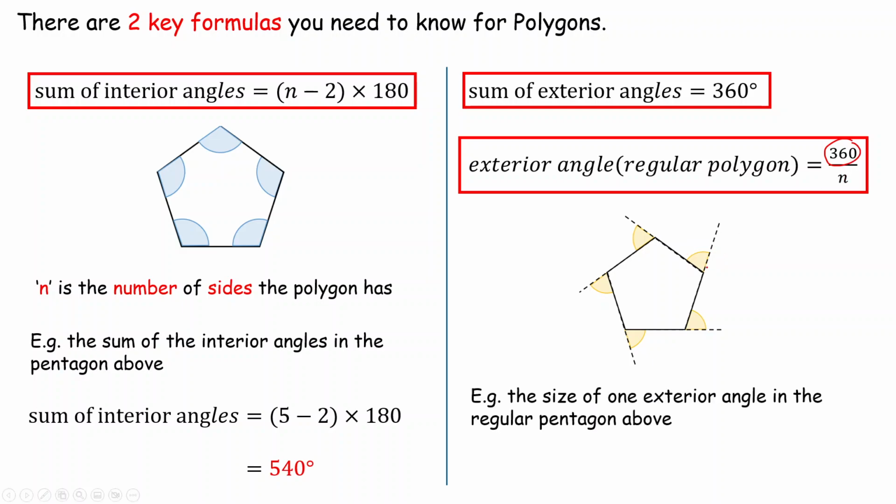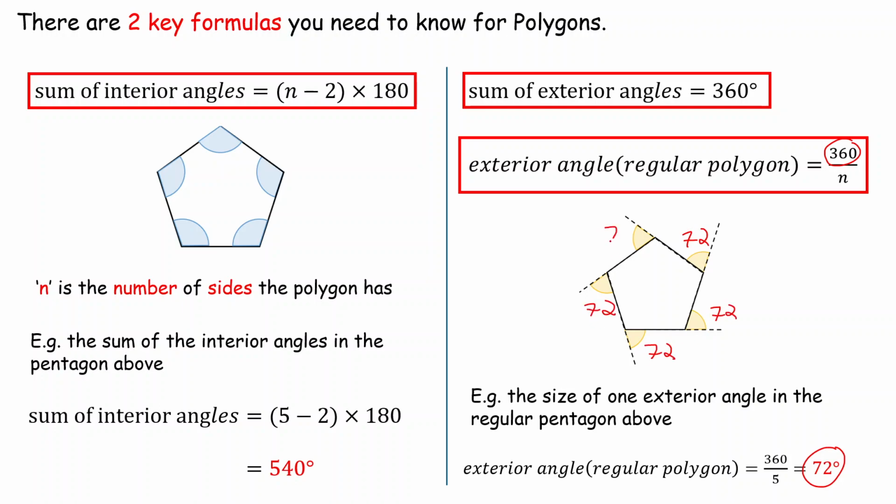So in this case, 360 is the total of the angles added together, and because it's regular, if you divide it by 5, because there are 5 angles or 5 sides, n is your number of sides, but the same as the number of angles, each of those angles is going to be worth 72. So that's going to be 72, that's going to be 72, and they're all 72. And if you add those together, they make 360.